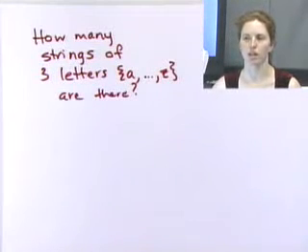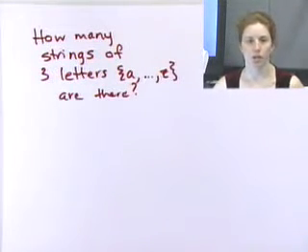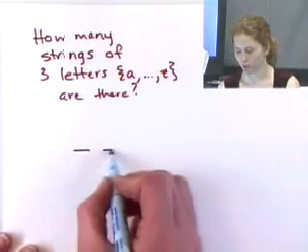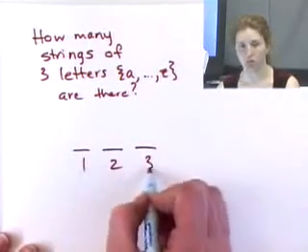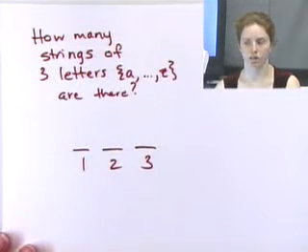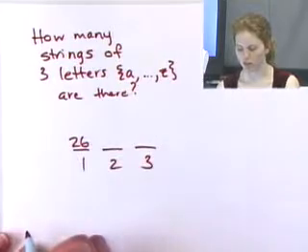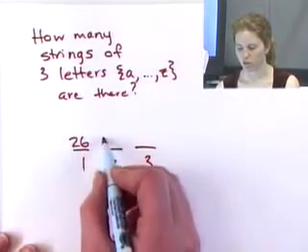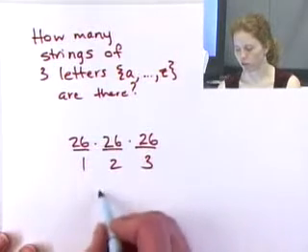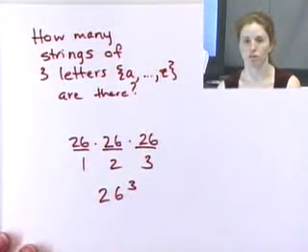And I list the letters A to Z. So here again we can draw a picture. We have the first letter, the second letter, and the third letter. So how many choices do I have for the first letter? 26. How about for the second letter? 26. And 26 for the third. So this problem is 26 raised to the third.